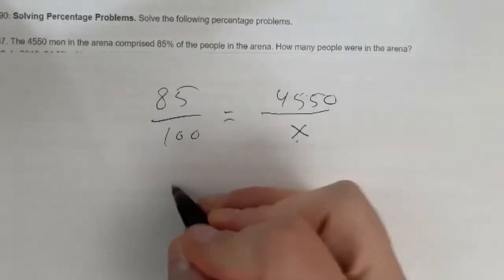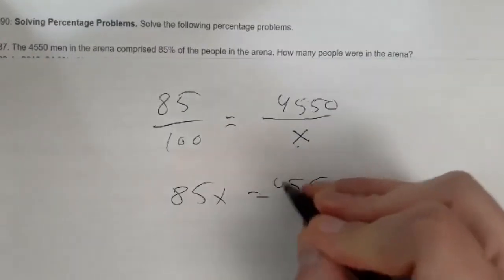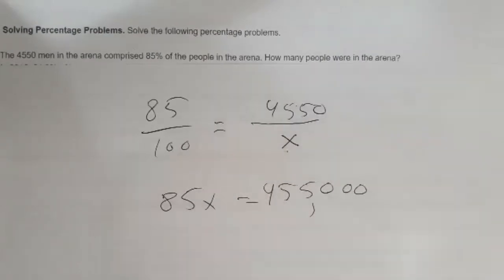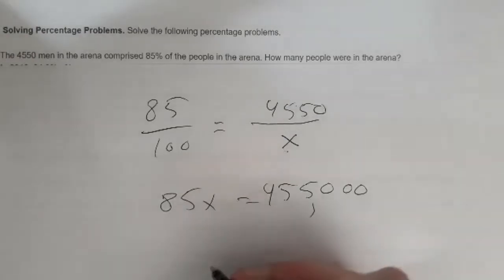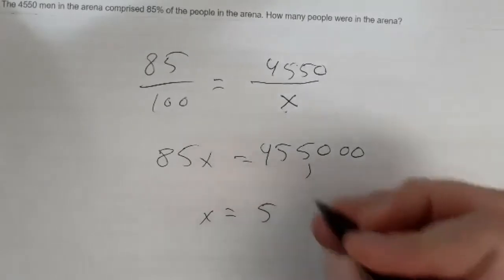You can cross multiply 85 by X and then give me X. You could absolutely solve it like this if you wanted to. And then now you're going to divide by 85. Too many zeros. Okay, divide by 85 gives me what?